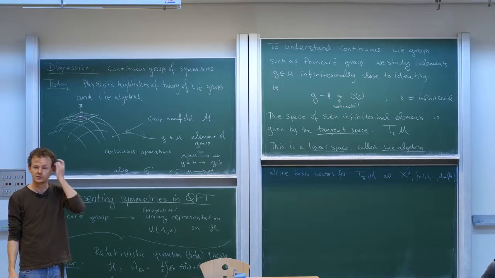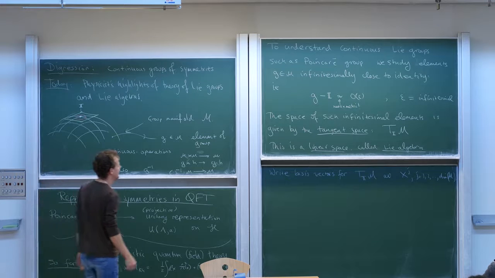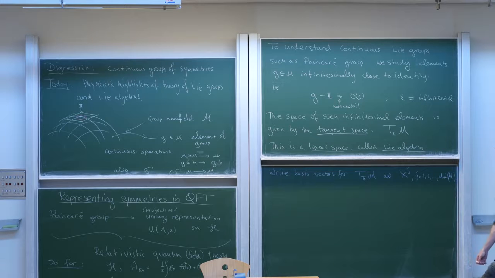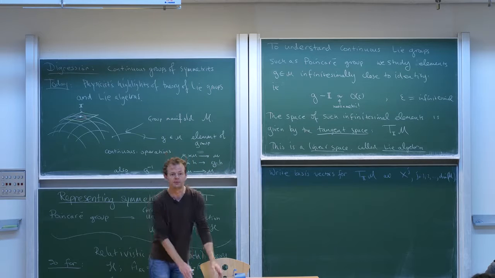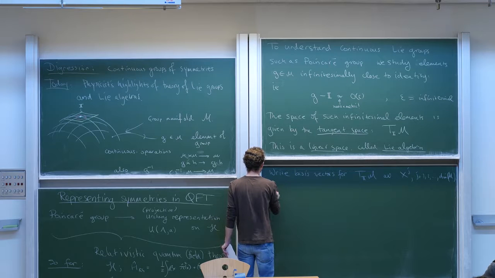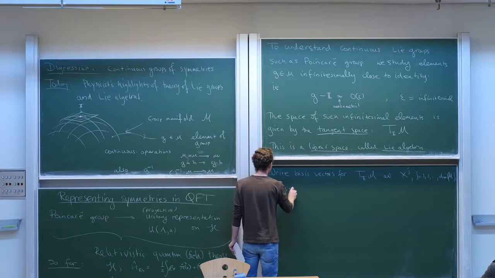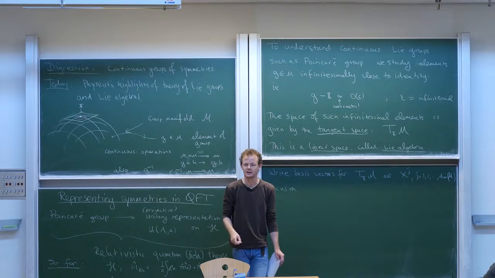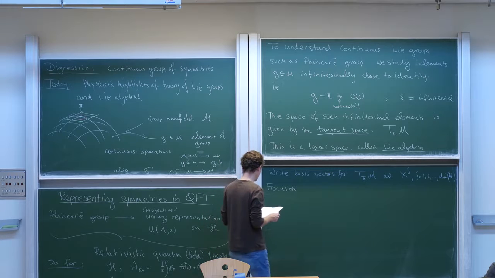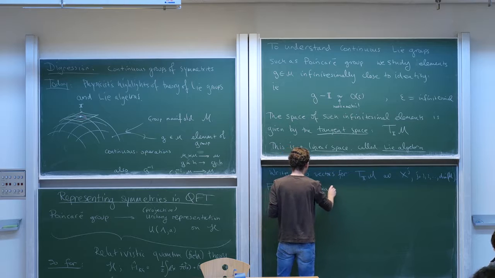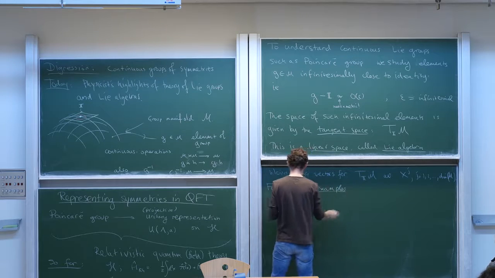It's always going to be finite dimensional in the examples we consider in this course. We just write some basis of vectors for this space as X_j. And now I'm going to do some examples so you have something in mind. We'll focus on two compact Lie groups and one non-compact one. I'm going to focus on three examples.